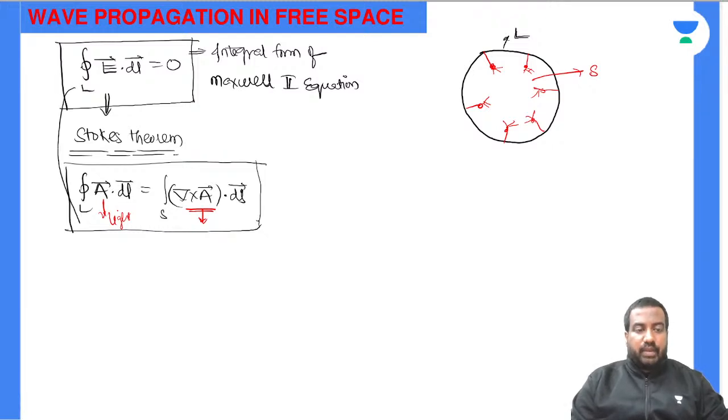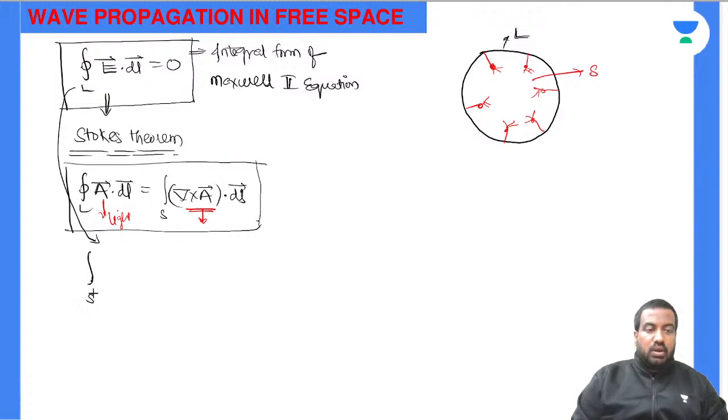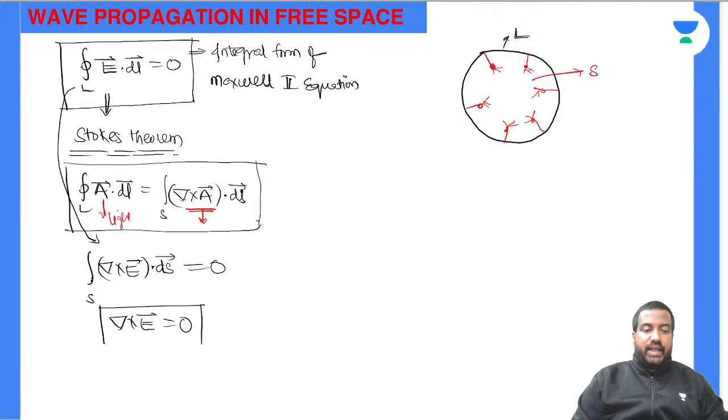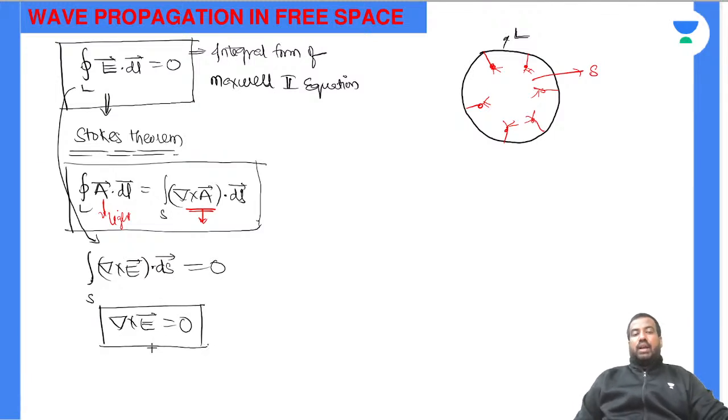Now if you apply the Stokes theorem here, closed loop integral of del cross E dot dl is surface integral of del cross E dot ds is 0. This implies del cross E is equal to 0. Curl of E is 0. This implies static electric field is irrotational. It moves in a straight line.